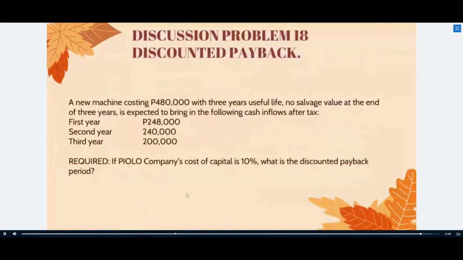And problem 18. Earlier I gave you a problem with even cash flow, or constant or uniform cash flow. So that at least now you know the approach for uneven cash flows, okay? So we have problem number 18.